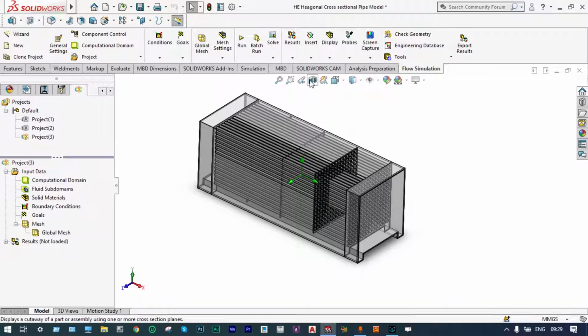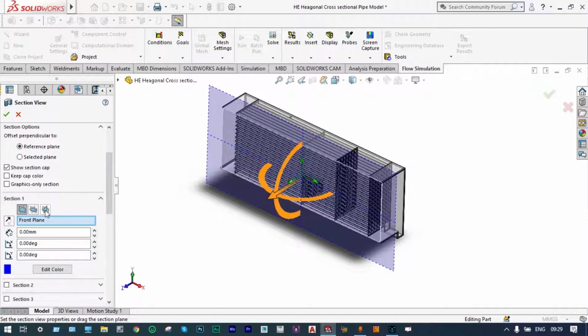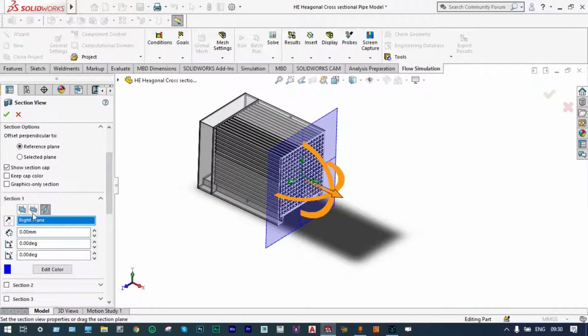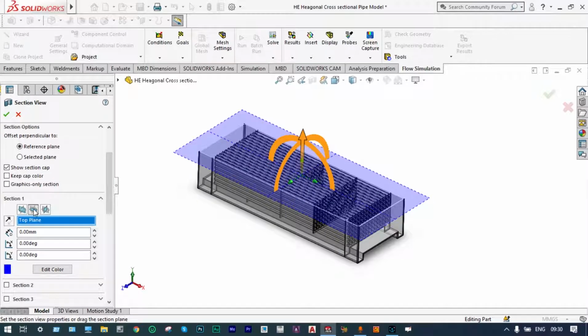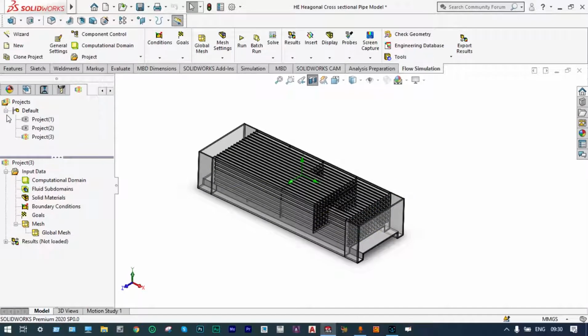Let us cut this model from top plane and provide the fluid subdomains. We've cut that model from top plane. Go and check. Now we have to provide fluid subdomains. As we told in the beginning, from this entry location we'll be providing cold water at normal 20 degrees centigrade. So that domain should be defined.